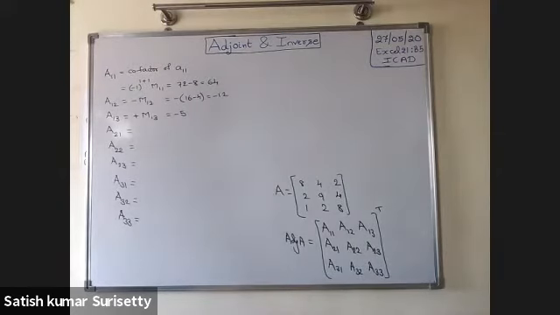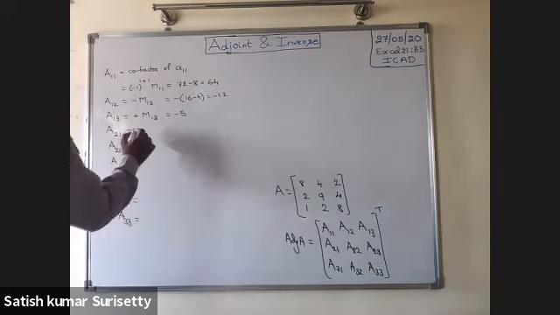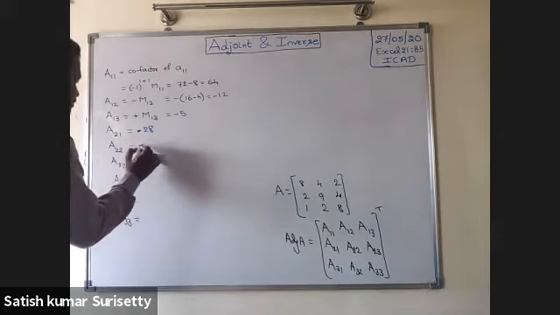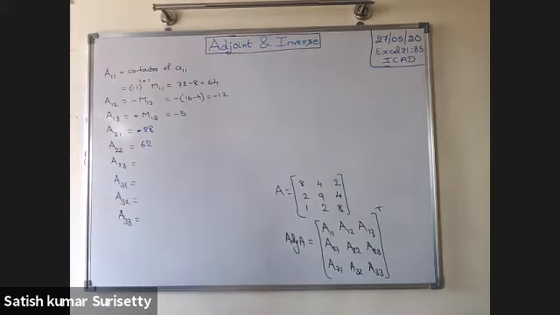What is A21? Minus 28. Next, A22: 62. A23: minus 12.